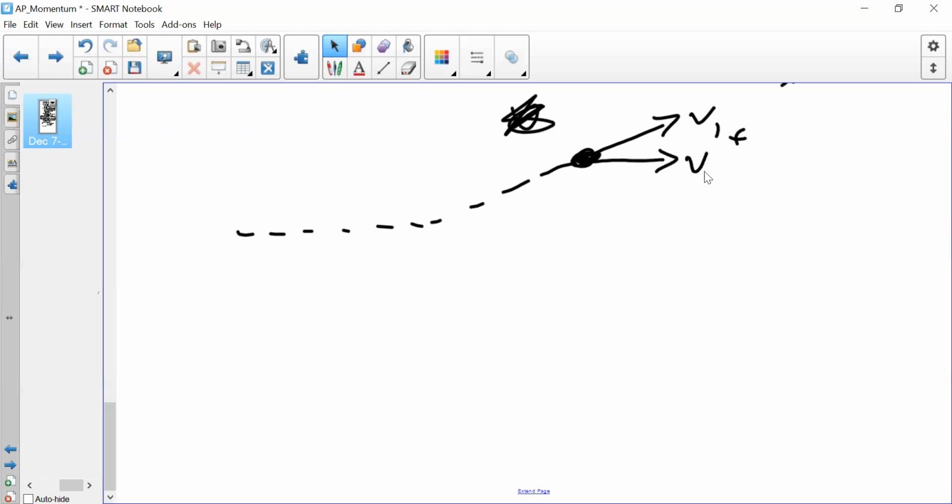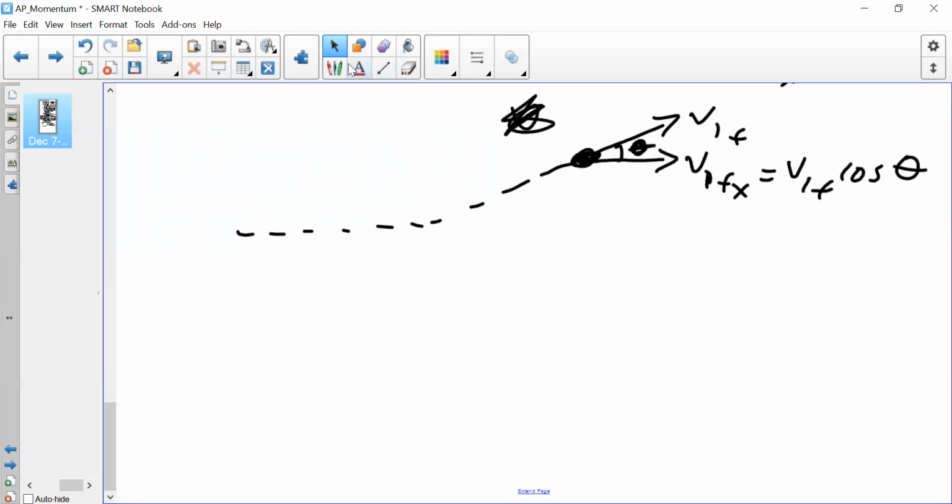It has V1 Fx, which we've detailed in the equation above. V1 Fx equals V1F cosine theta, where this is angle theta here.